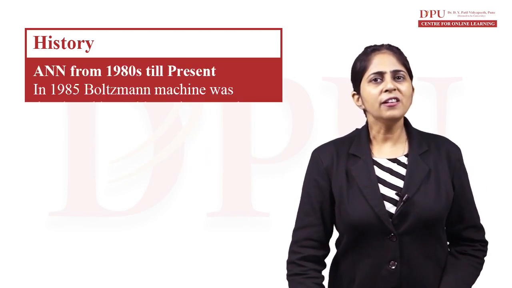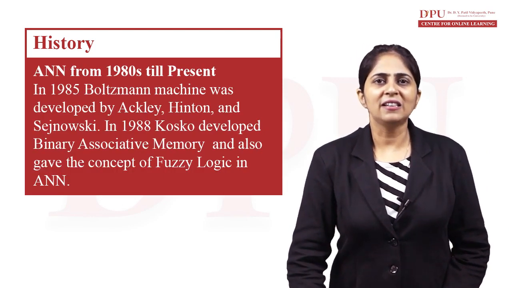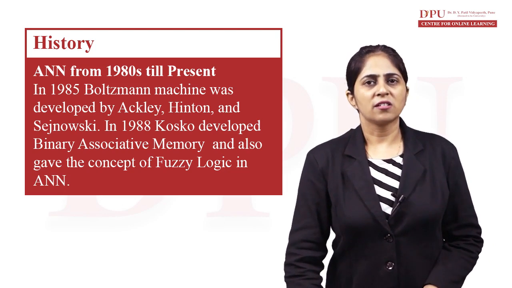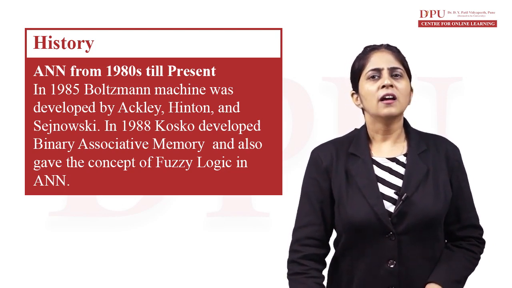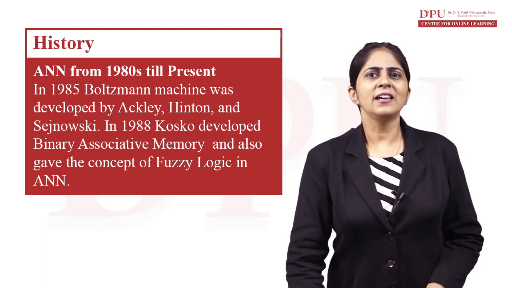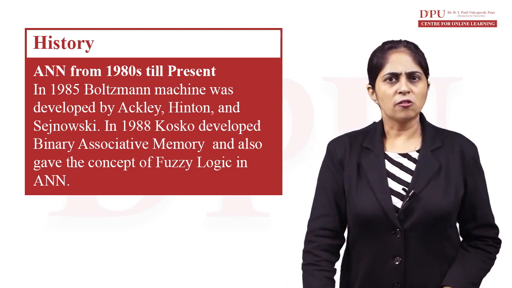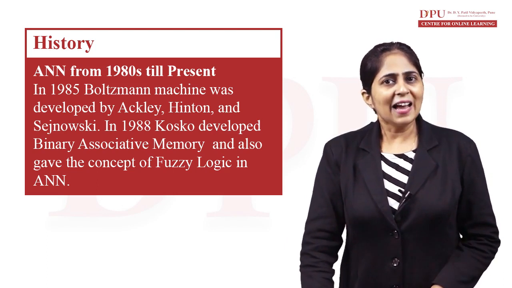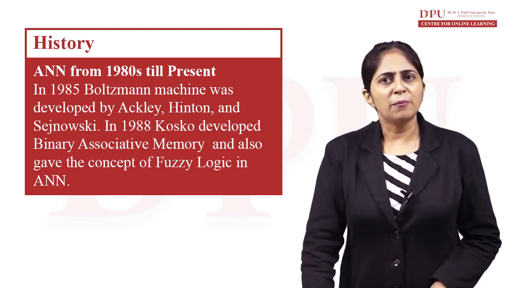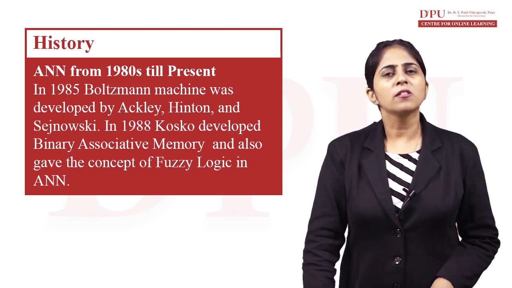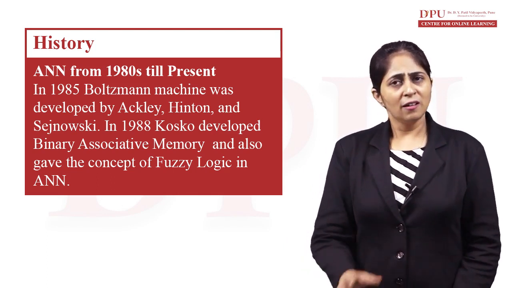Then artificial neural networks from the 1980s till present. In 1985, the Boltzmann machine was developed by Ackley, Hinton and Sejnowski. In 1988, Kosko developed binary associative memory, and he also gave the concept of fuzzy logic.